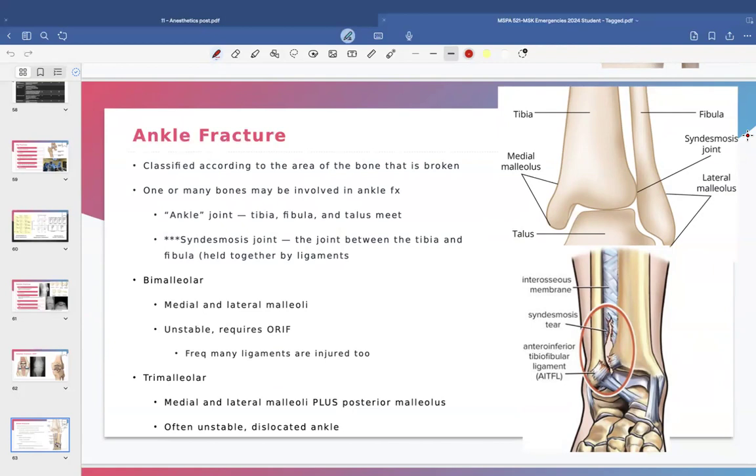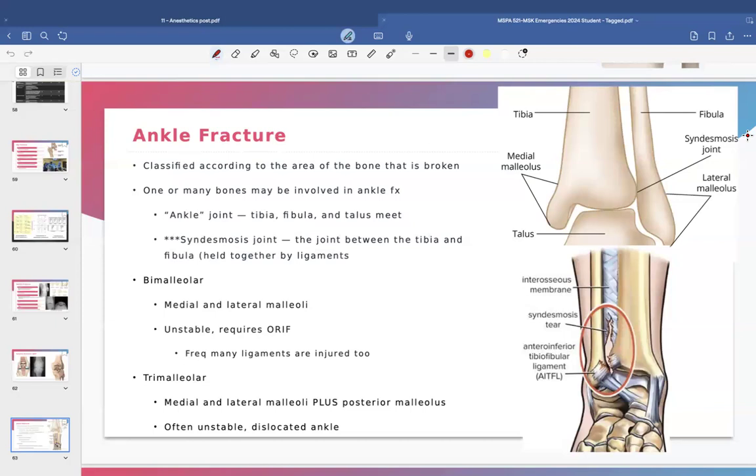You can have fractures depending on where, and they can be classified as bimalleolar or trimalleolar. Right, it's either like 2 or 3 fractures. So if you are bimalleolar, it's a lot of times your medial and lateral malleoli, these are unstable, you're gonna need instrumentation for them.